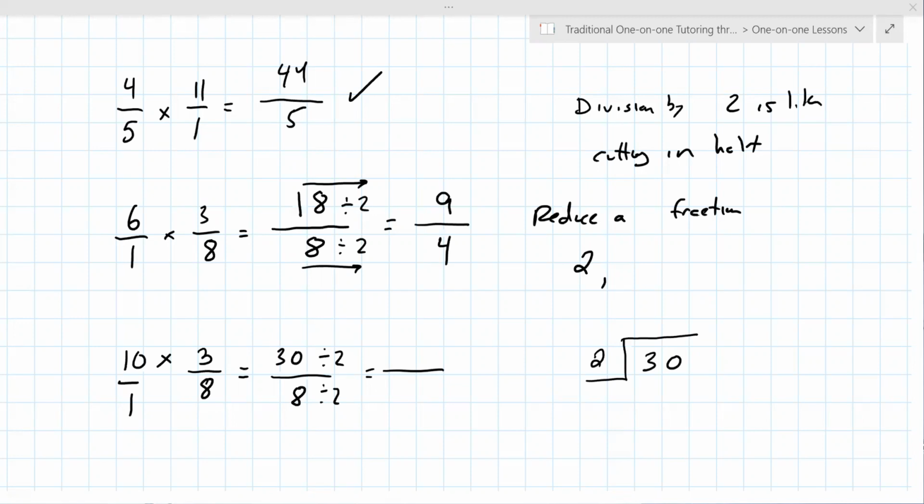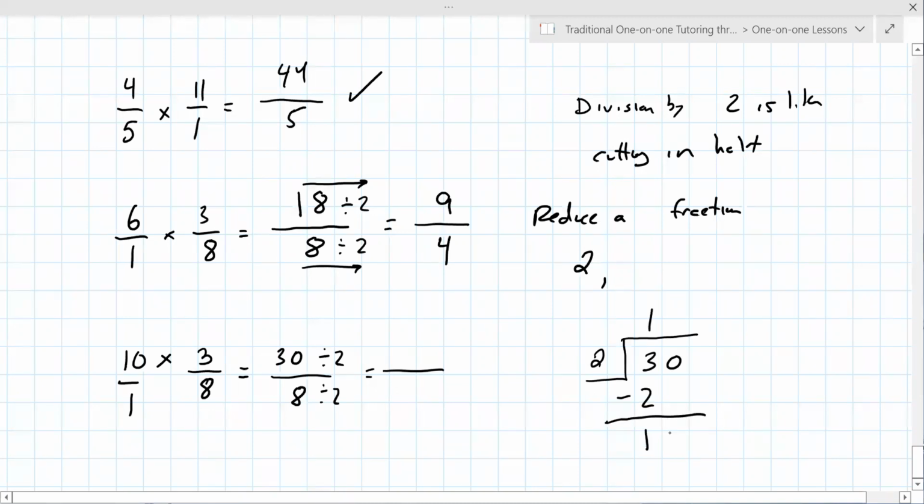Do you have an answer, Michael, for 30 divided by 2? Yeah, I think I did the long division too quick, so I got 10, but I know that isn't the answer. Okay, well, 2 goes into 3 one time. 1 times 2 is 2. When you subtract, 3 minus 2 is 1, and you bring the 0 down.